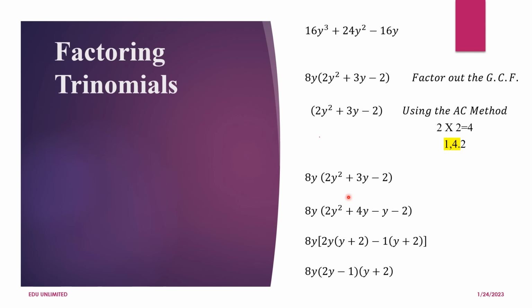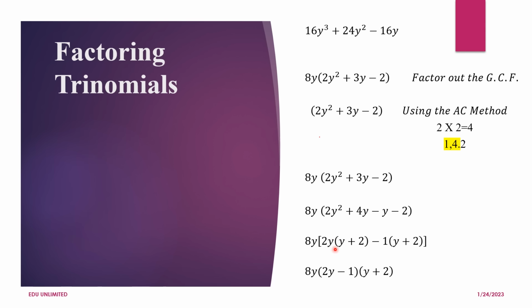So we write 8y, 2y squared plus 3y minus 2, which is this part of the expression. We bring it a step further. 8y, open bracket, 2y squared, 4y minus y, which is actually 1y, but we do not say 1y or 1x in maths. So 4y minus y gives us 3y, and we put back the minus 2. Now we're going to factorize, so we use brackets and parentheses.